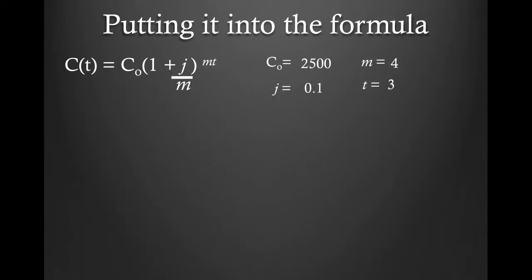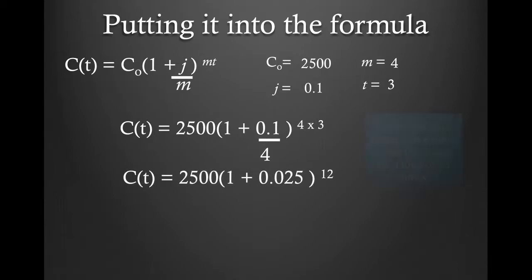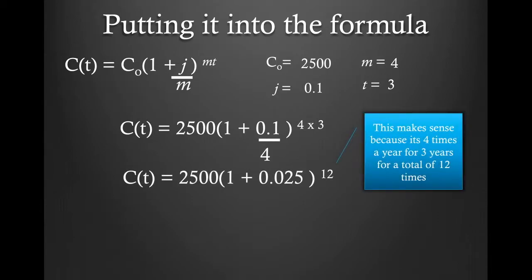So now that we have all of our letters, we can just plug them into our formula. We have 2,500 times 1 plus 0.1 over 4 to the power of 4 times 3. So it's to the power of 12, which makes sense because 4 times a year for 3 years, it's being compounded 12 times.